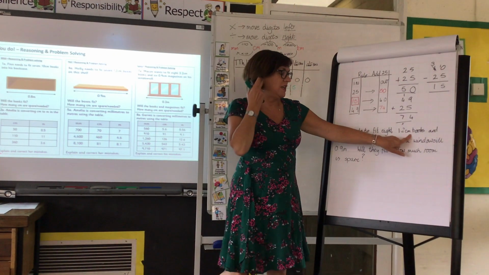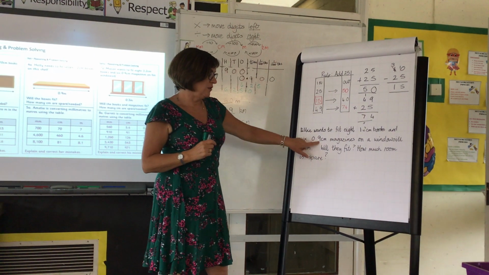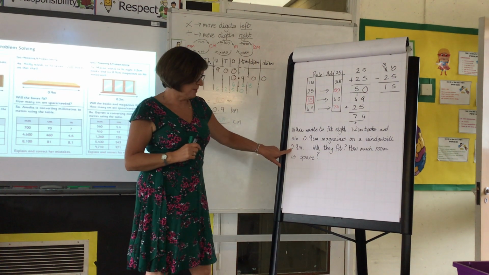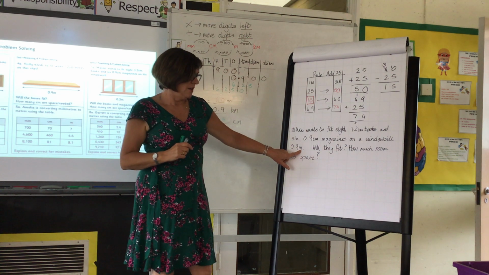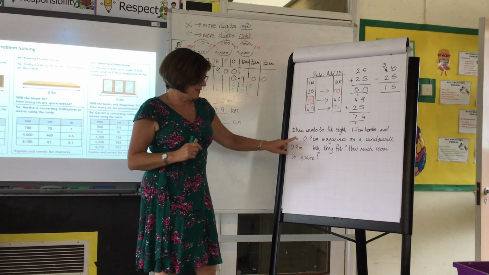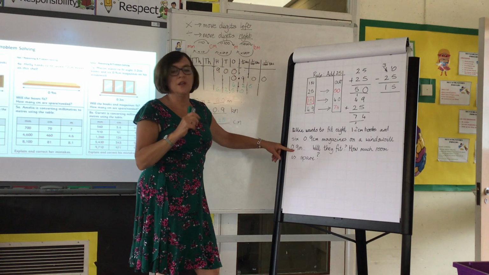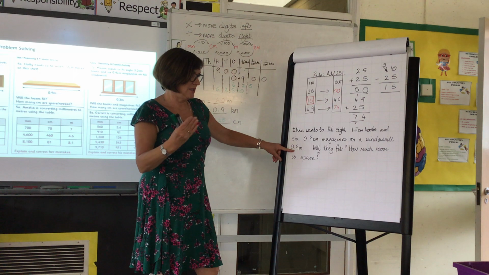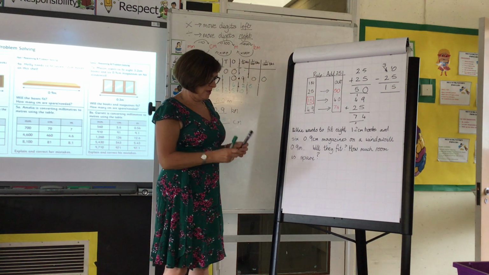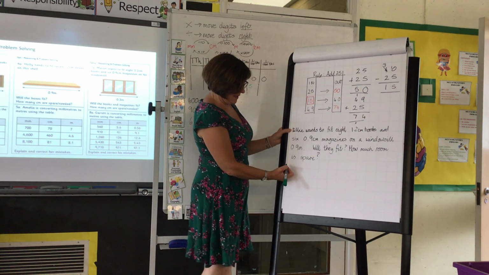Ellie wants to fit 8 1.2 centimetre books and 6 0.9 centimetre magazines on a windowsill, and the windowsill measures 0.9 metres. Now, that's in centimetres, that's in centimetres, that's in metres. What did we say? We said the best thing to do is to convert everything into the same measure. So, let's convert the metres into centimetres.